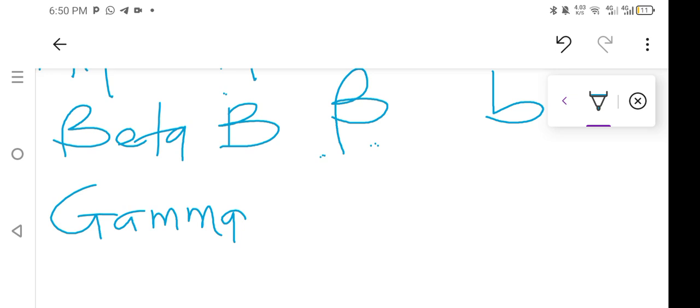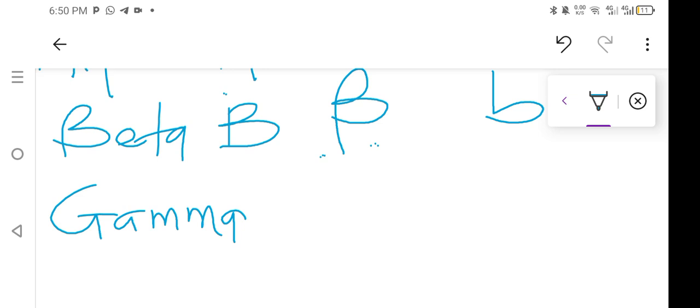Now, this is for the first time a letter that is very different from the English alphabet. Just so you know, Greek is older than the English alphabet, at least as far as the timing of the development of the language, right?